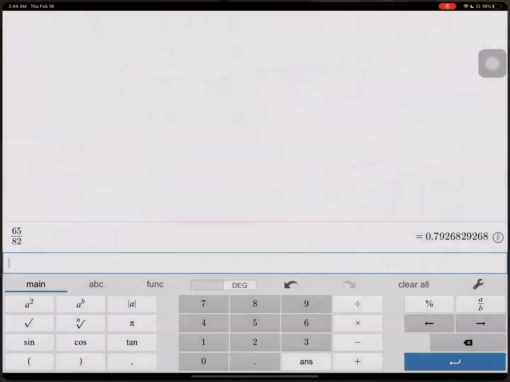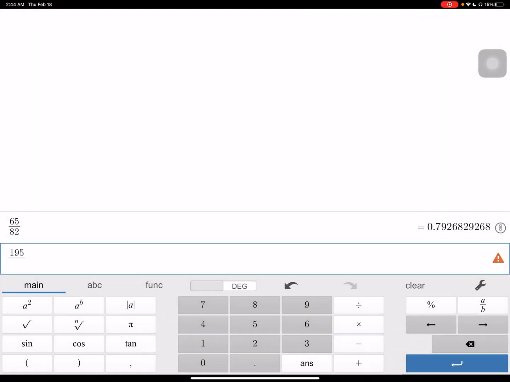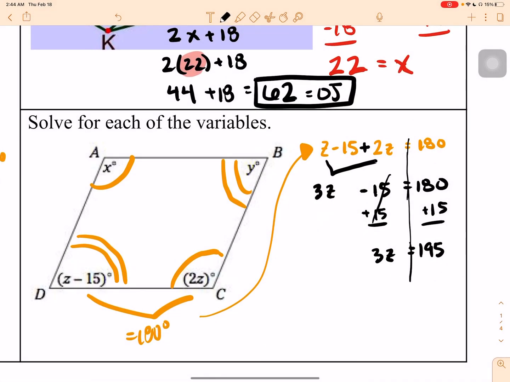I think it's 63, but I want to make sure. 195 divided by 3? Yeah, 65. Okay, so divide both sides by 3. We're going to get z equals 65. So if we know z equals 65, then we can now find the rest.